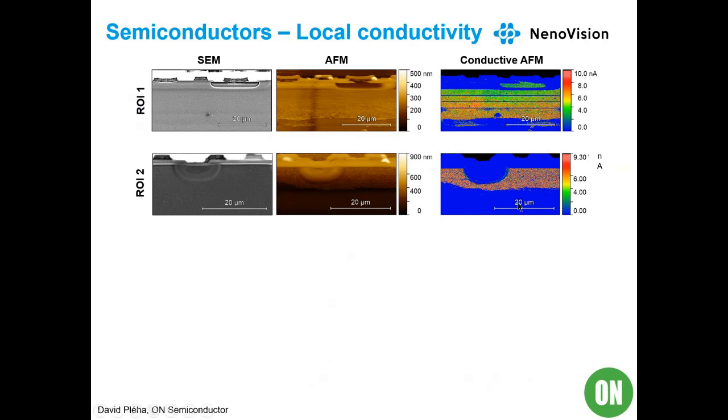And as you can see in the local conductivity, you can see several different structures which are not that visible in the SEM or the AFM.